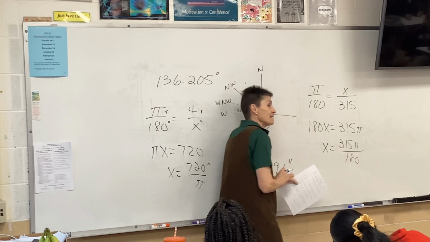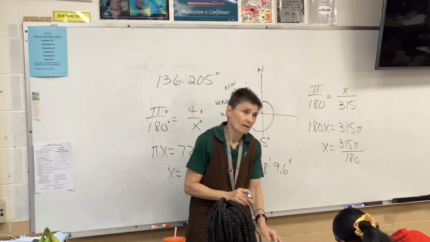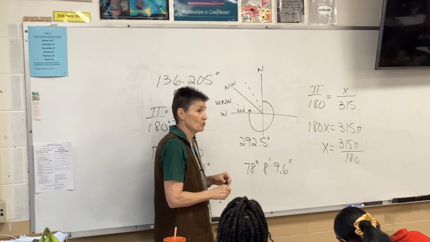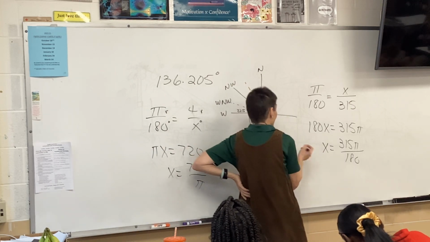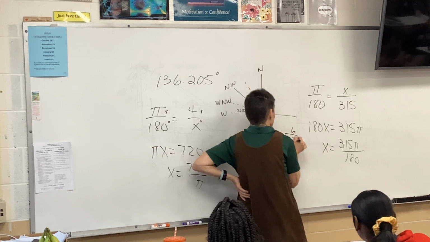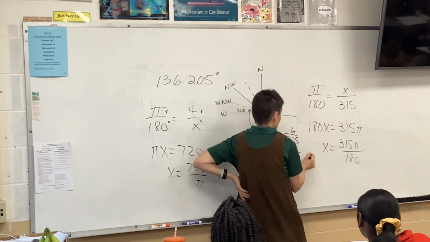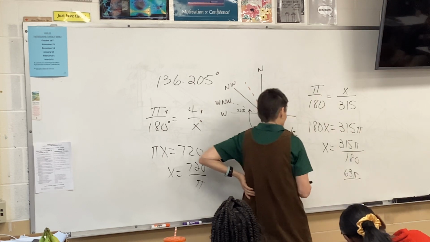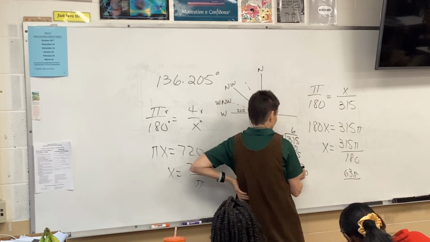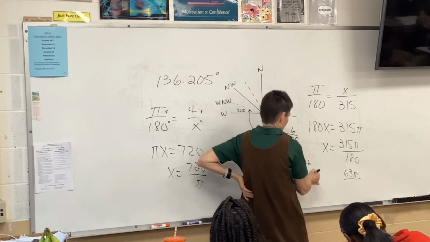Now that is the answer, but we probably should reduce it. And they're both divisible by 5. So if I had my calculator, I'd just type it in, but I don't. So 63, 180 divided by 5, 36.